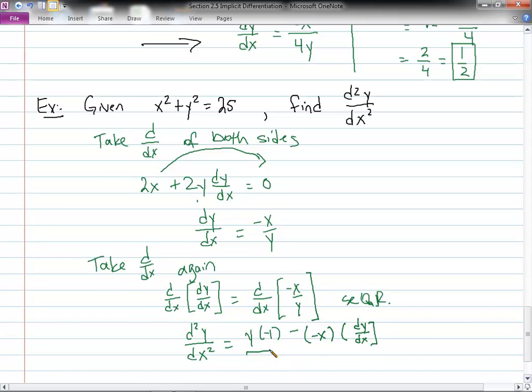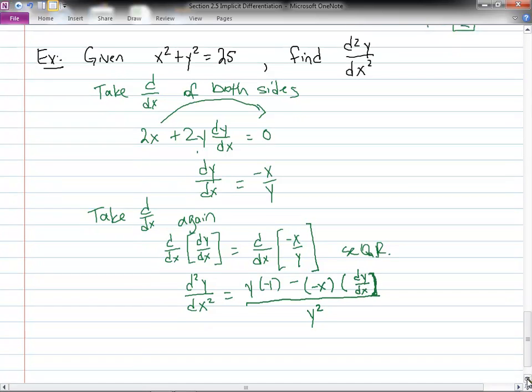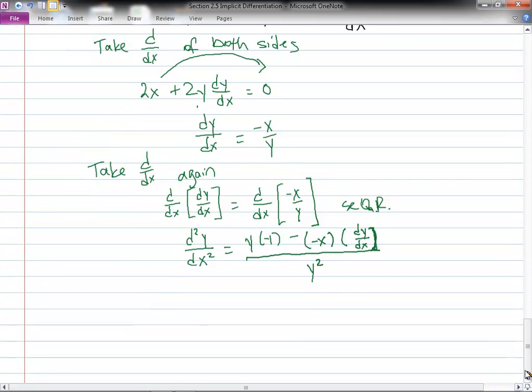Over low low, which would be y squared. Okay, so it looks like a negative y, minus a minus makes plus, x dy/dx all over y squared.